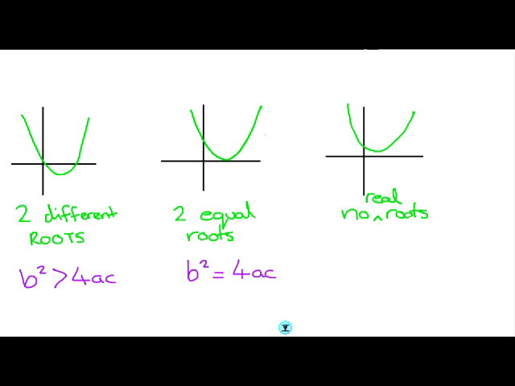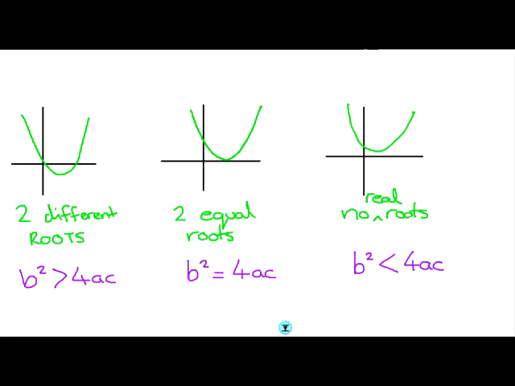You're going to have it just touching the x-axis, and the roots will therefore be equal. And if your b squared is less than 4ac, you'll end up with a negative number under a square root sign on the formula, and therefore it cannot be square rooted, and therefore it does not cross the x-axis. So we use this discriminant and these three factors to test what the graphs are going to look like. So let's try one of these out.